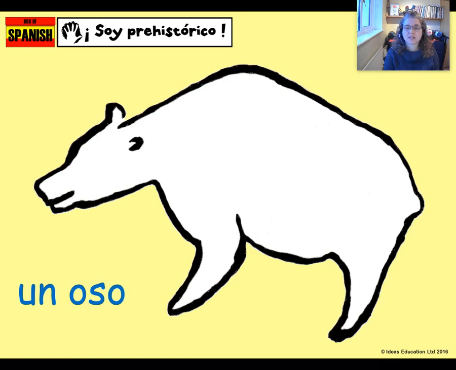Let's have a quick practice then of the 8 animals that we have been looking at. Escuchad y repetid.